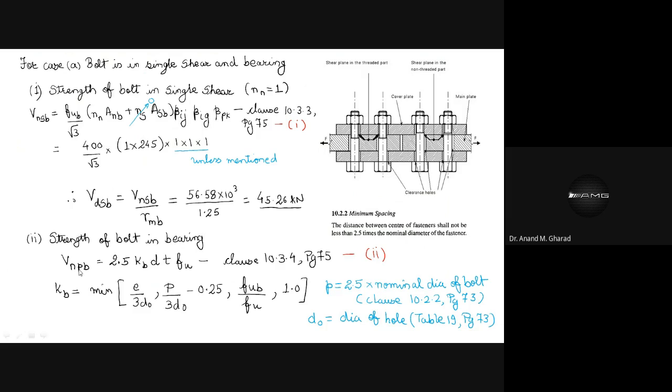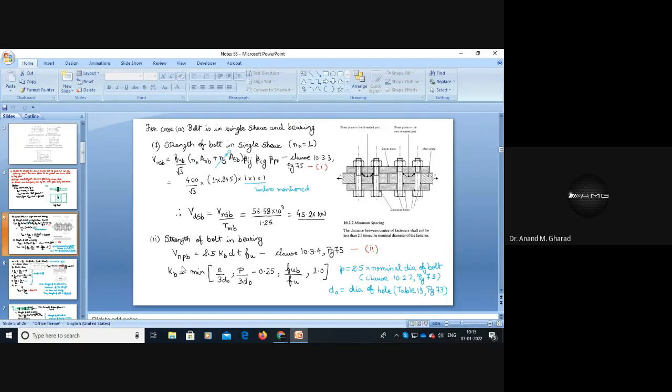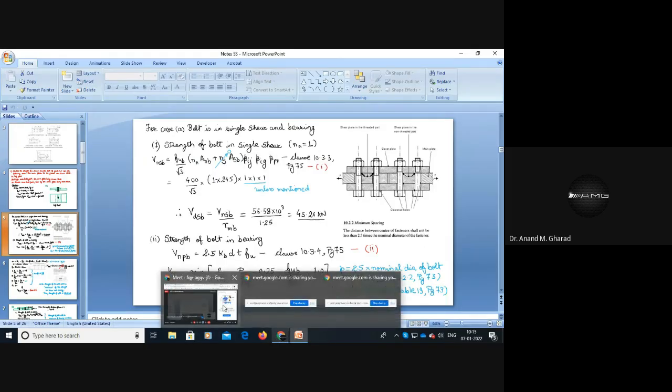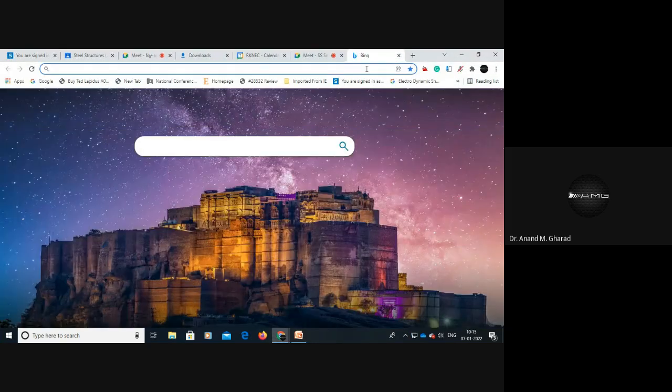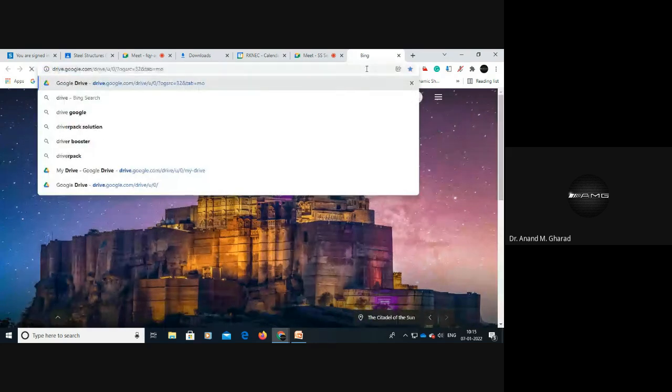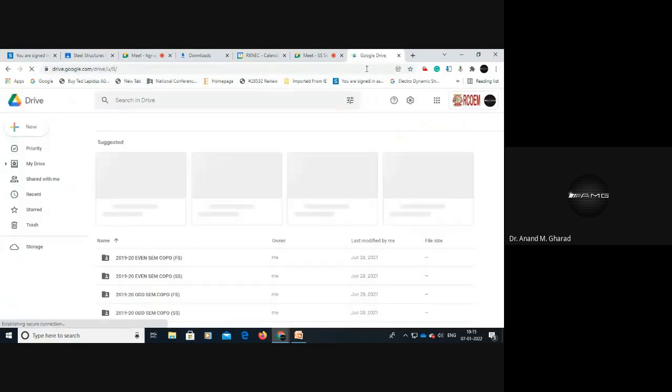So this is the formulation. Vnb is equal to 2.5 times kb d t fu. Actually, this you will get in your IS 800 2007. I again request all of you to please open the IS code. If you have not, please open it right now.